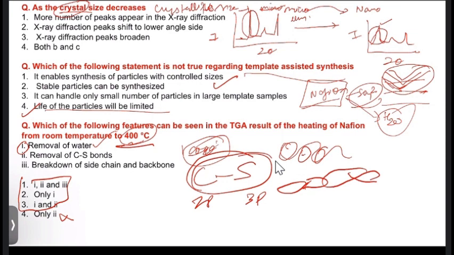See, if at 400 degrees Celsius the side chain and backbone break away, there will be no Nafion left. Got it? So only the first and second statements are correct. So option 1 and 2 is correct. Next question.